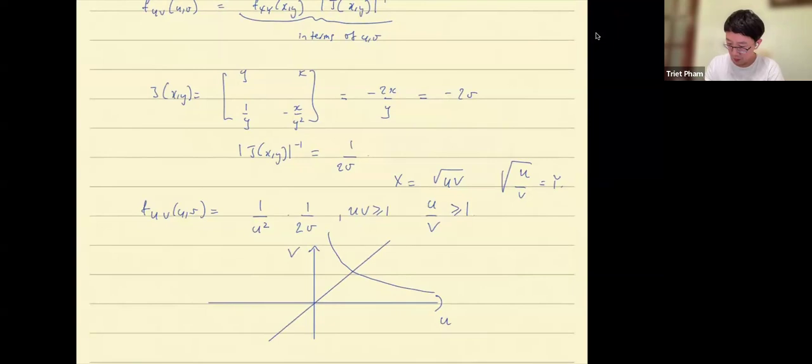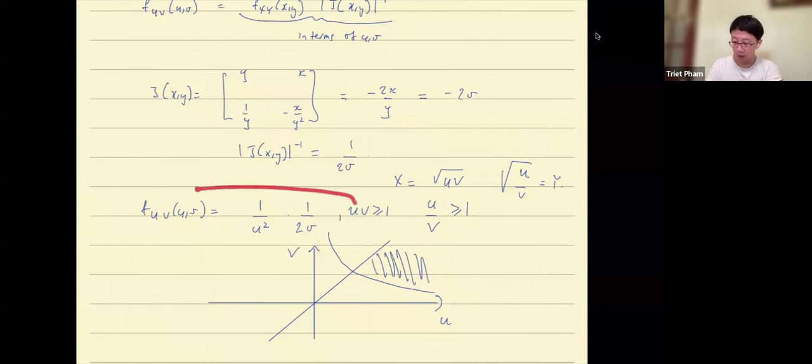So this is u equals 1 over v. So u greater than or equal to 1 over v means to the right of this, and u greater than or equal to v is to the right of the line. Together it is this region. So yes, I think it has a very real effect.